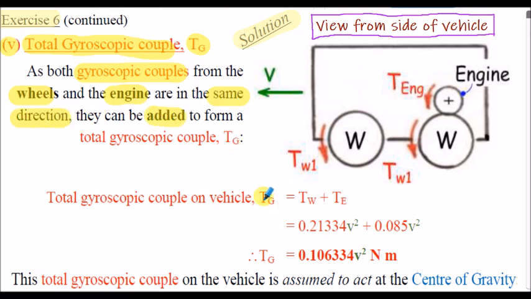So TG is simply TW add TE. So TG is evaluated here and again in terms of v squared. Note that this total gyroscopic couple acting on the vehicle is assumed to act at the centre of gravity of the vehicle.